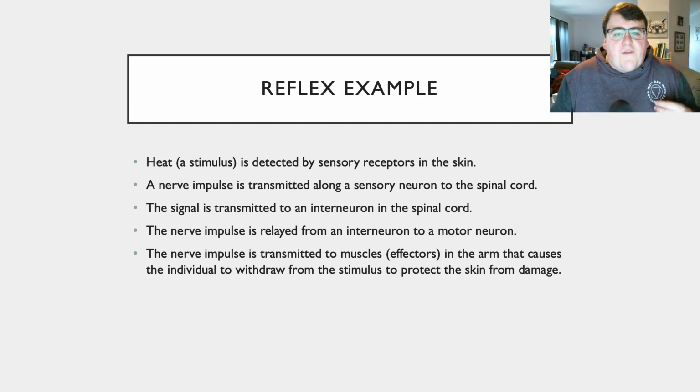It realizes this is a very important piece of information, and it's transmitted to an interneuron in the spinal cord. And that nerve impulse is then responded straight from the interneuron to a motor neuron. So there's no going to the central nervous system's control center of the brain. It's gone straight from a sensory neuron to an interneuron to a motor neuron. That then sends a message to your effectors, which are your muscles, to move that hand away.